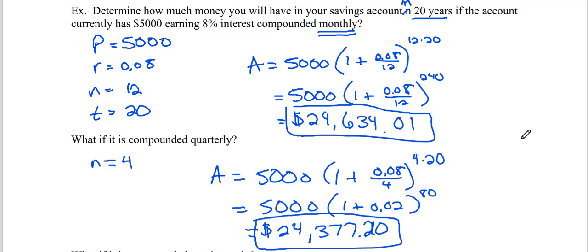So we do have a little bit extra money here when it's compounded monthly because interest is added in more often. The monthly interest is going to be less than what you would get over a quarter, right?